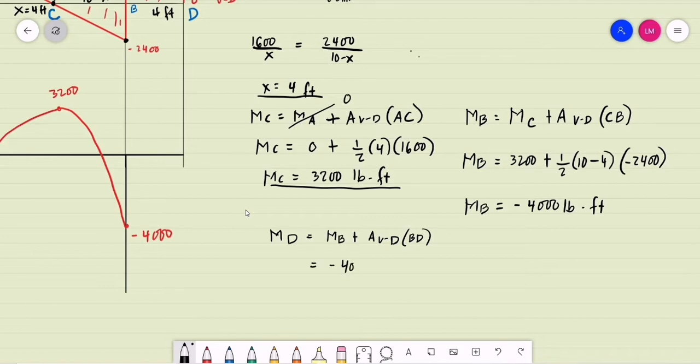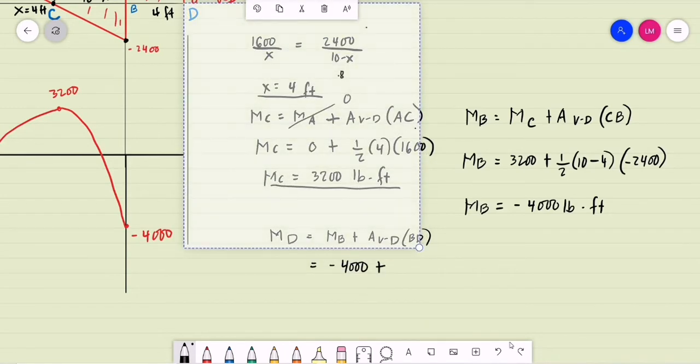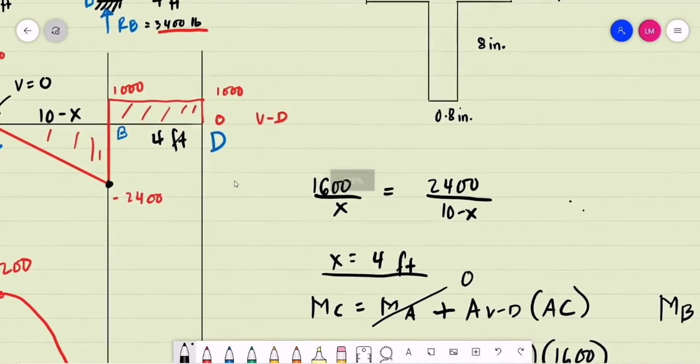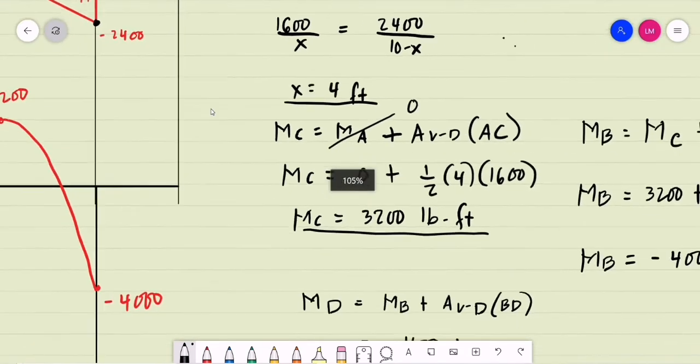We have negative 4,000 plus the area of the shear diagram from B to D. That is a rectangular area, and take note, this is a 0 degree graph, so the moment diagram should be only a first degree graph.